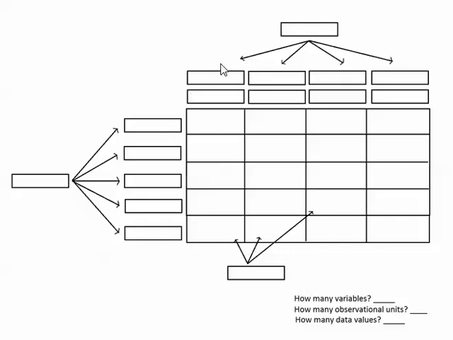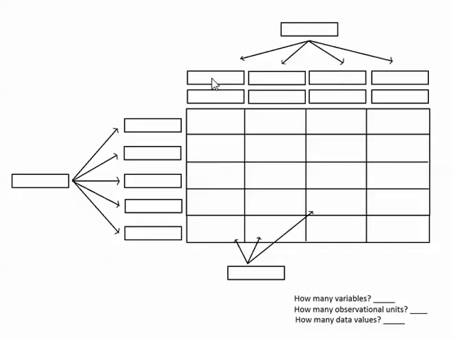Also, think of one of each of the 4 types of variables that we've covered this week. In other words, one of your variables should be nominal, one of them should be ordinal, one of them should be discrete, and one of them should be continuous.